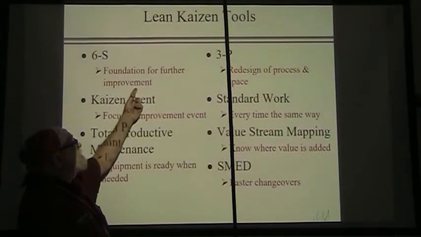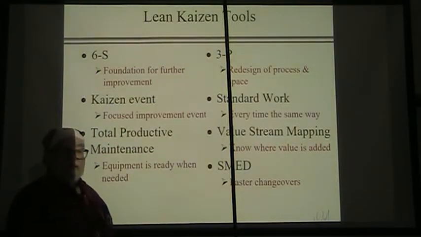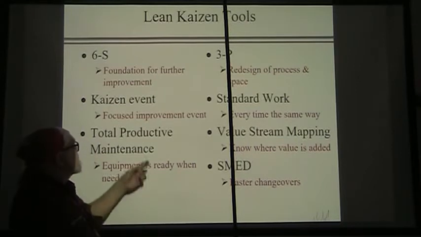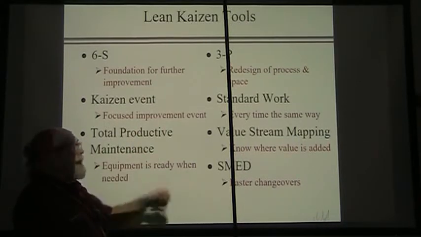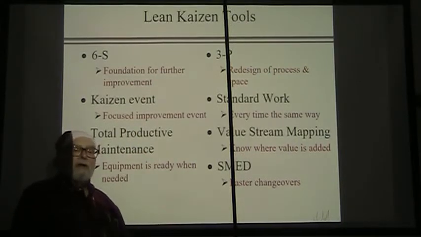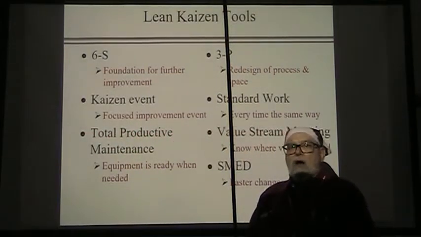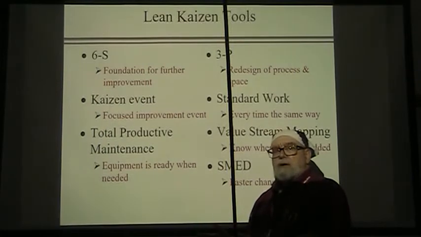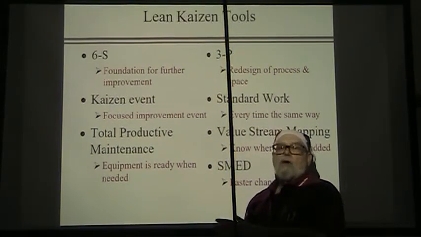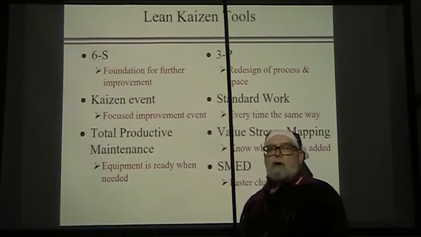This is the foundation for all further improvement. We have the generally labeled Kaizen event. That is a focused improvement event on one aspect of what is going on at a workstation or a shop.